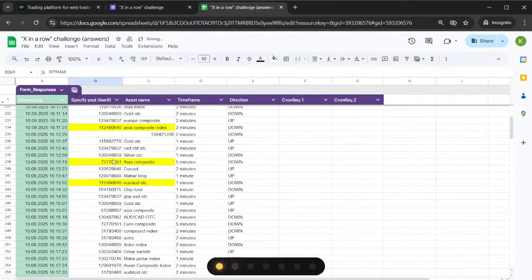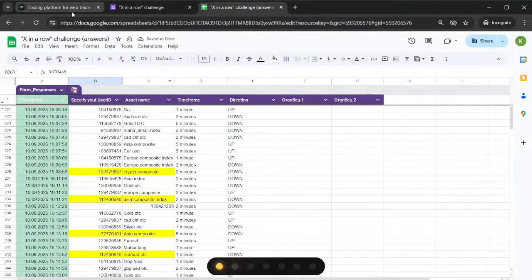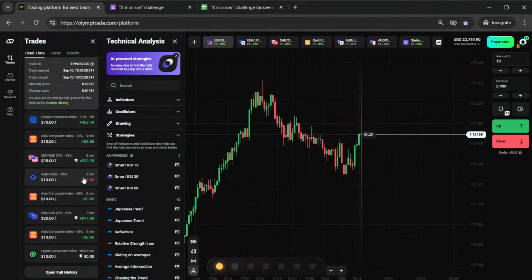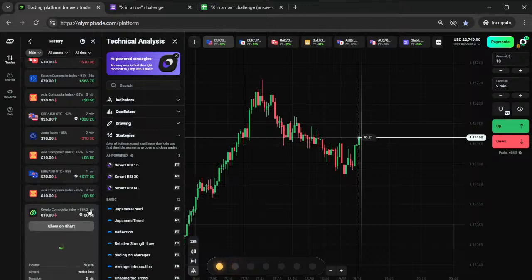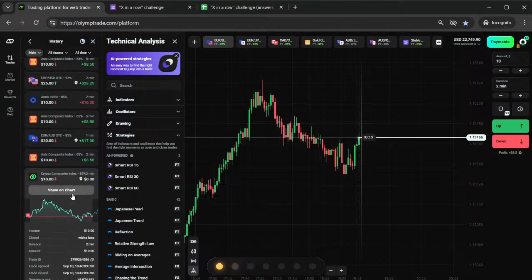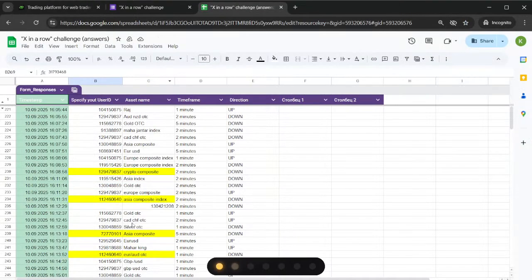This one also we need to remove. Okay, I believe these are the trades on which we managed to book a profit. Let me see if there was any other. This one was a trade we took during the session. Yeah, crypto composite on 2 minute.